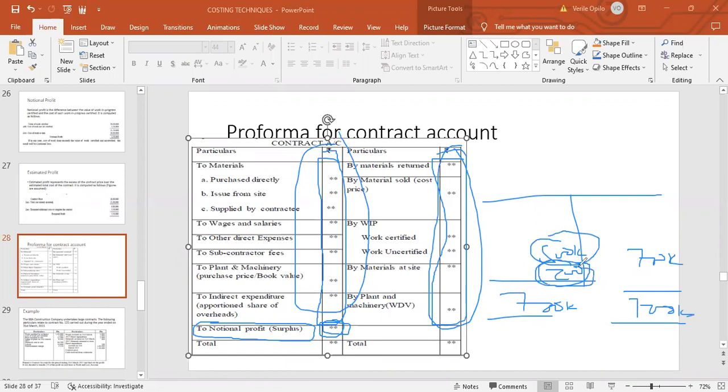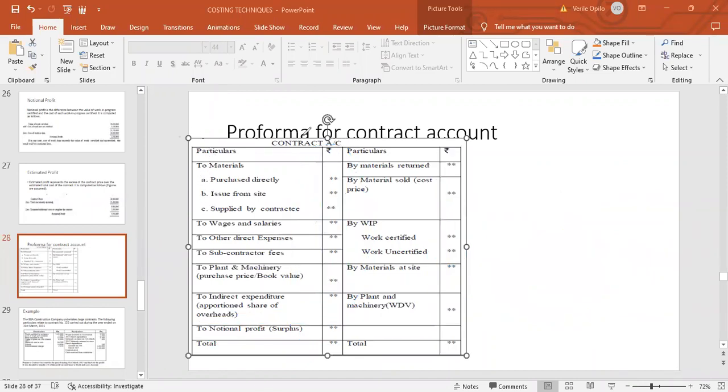So this surplus, to now make it 700,000, it means that now we have a notional profit of 200,000. So that is how we compute the notional profit for a contract in a given period. So always remember this format that we have here. On the debit side are all the expenses that have been incurred during the contract period.